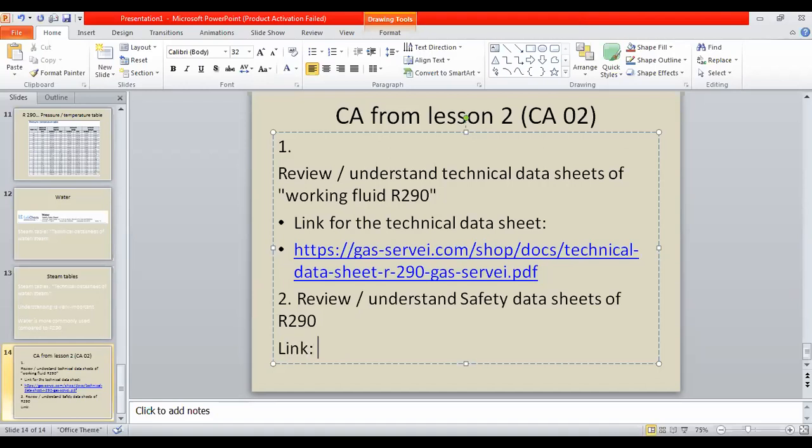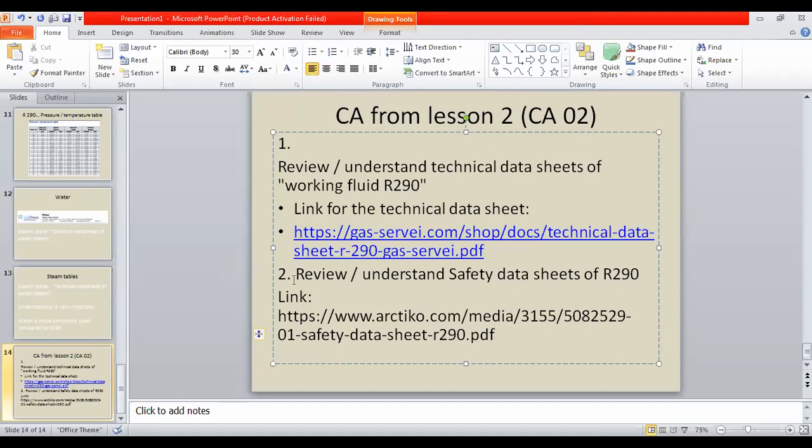The link is this. Link in the sense of an information link.